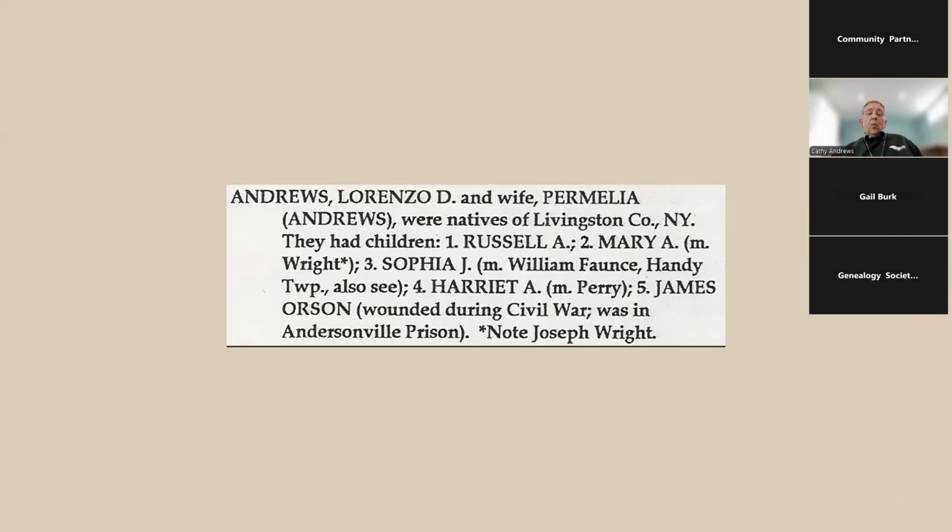And began to find out more information about him. One of the pieces I found was about his father and mother, Lorenzo and Permelia. And there's Russell, my two great granddad, and here's James Orson. So, wounded during the Civil War, was in Andersonville prison.